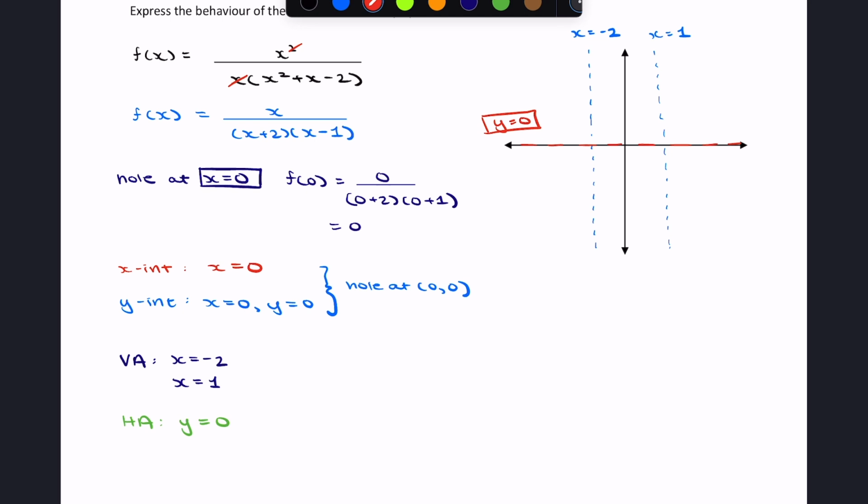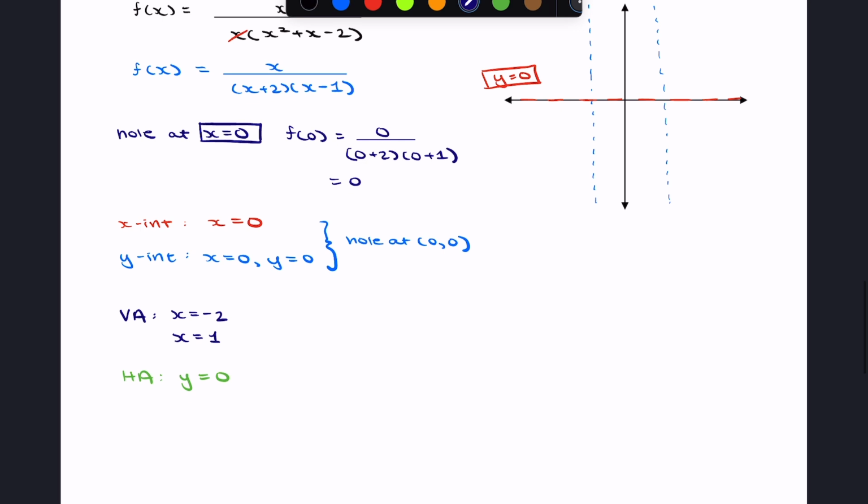So here, now we're going to look at our end behavior. And so for our end behavior, first thing we'll look at is the horizontal asymptote. We'll look at when x approaches -infinity.